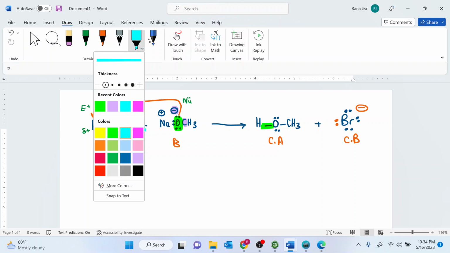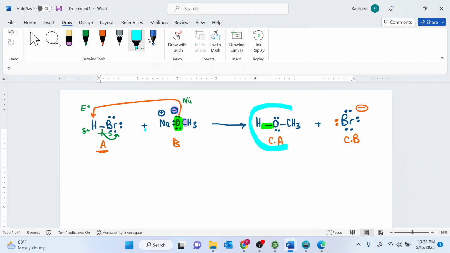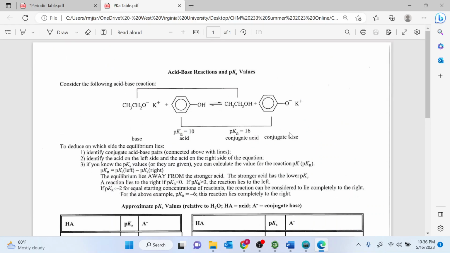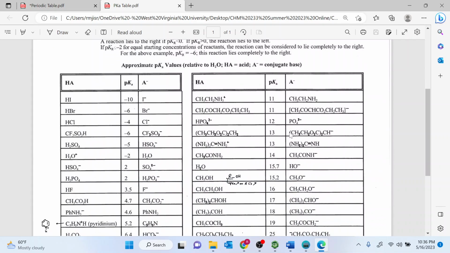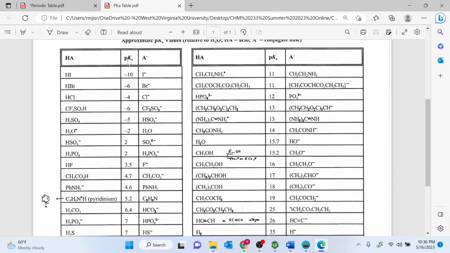So always look at the conjugate acid and the acid. There is a pKa table that I posted on eCampus, and this is the pKa table. The rule says that as the pKa increases, the acidity decreases.